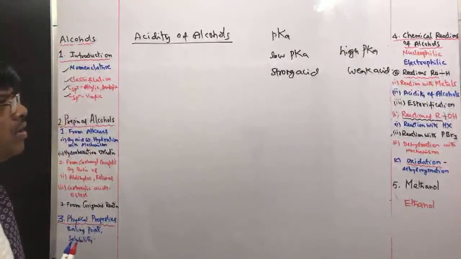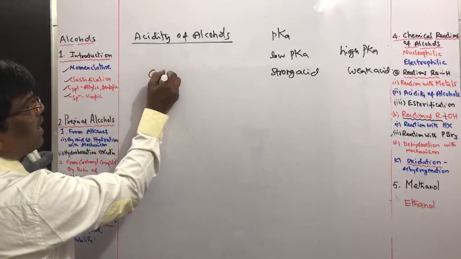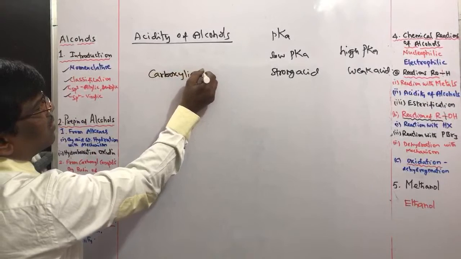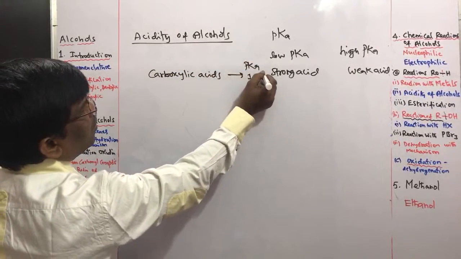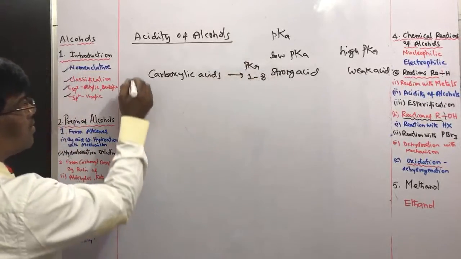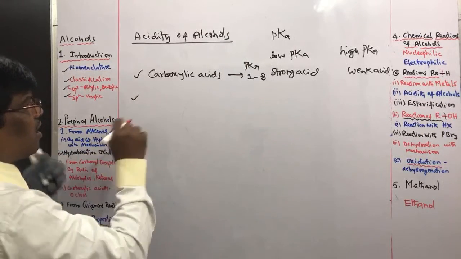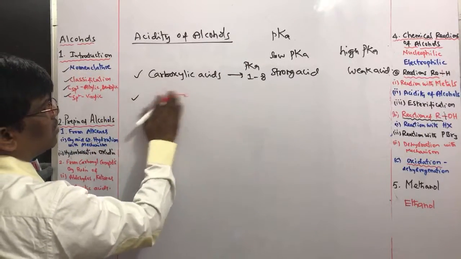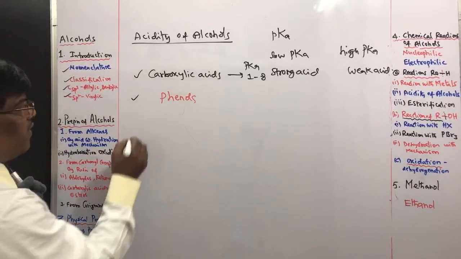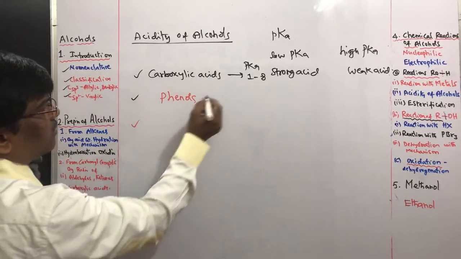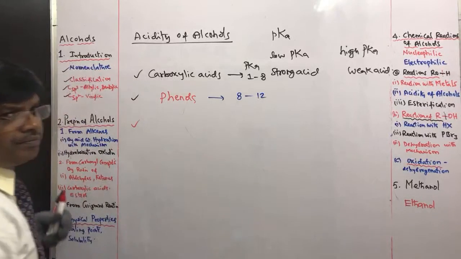So the overall acidity order of organic compounds: carboxylic acids have a pKa around 1 to 8, followed by phenols. Phenols are also acidic compounds, with a pKa of about 8 to 12.